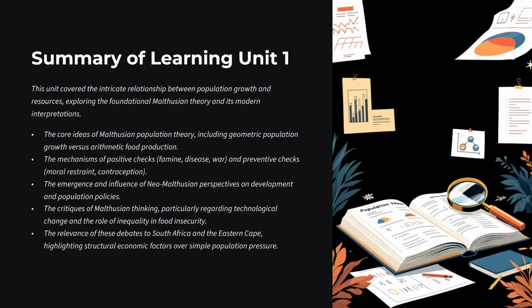He did not think about the technological advancement that will allow us to have increased food supply or food resources. So the relevance of this debate to South Africa and Eastern Cape highlights the structural economic factors over just simple population pressure or simple population growth.